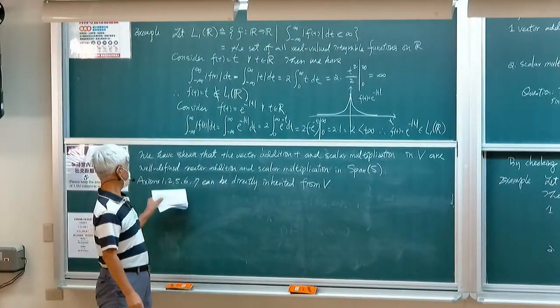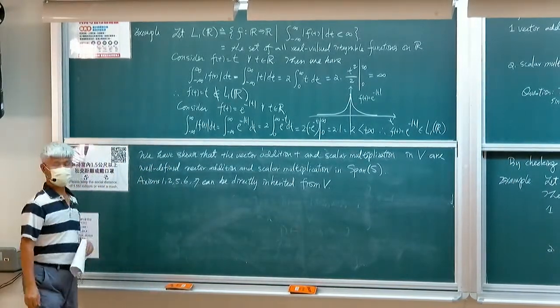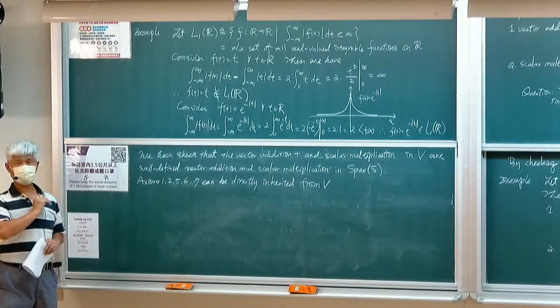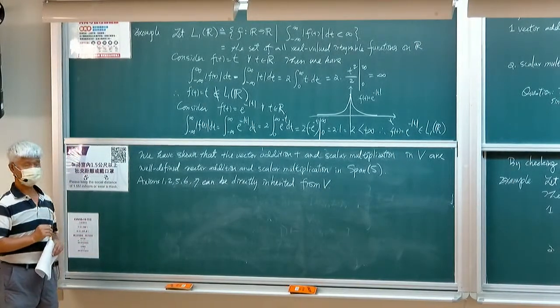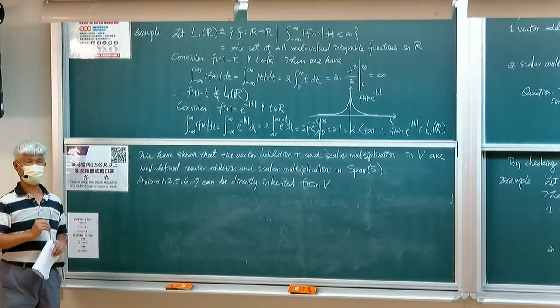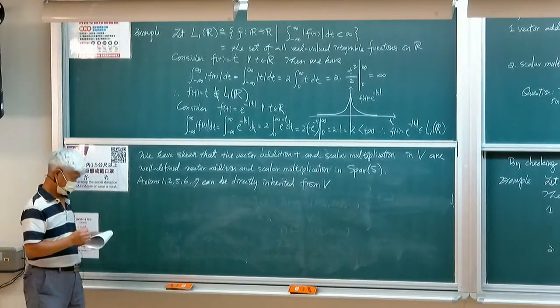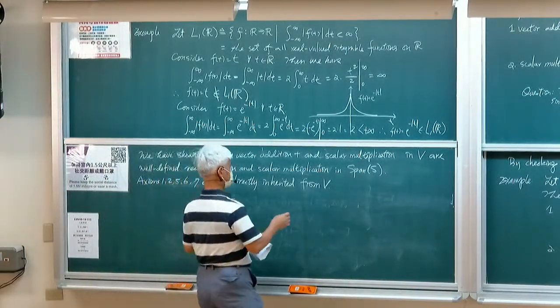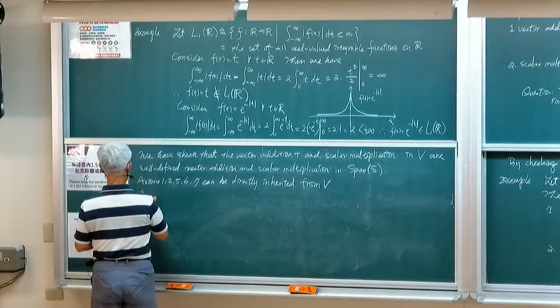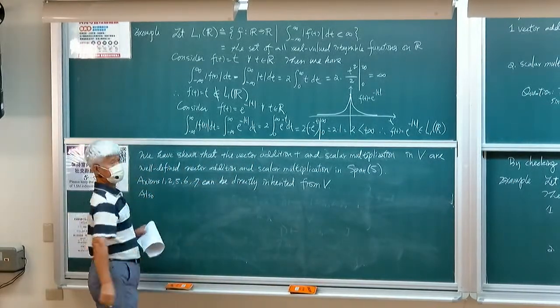So these 5 axioms can be directly inherited from the mother vector space V. Now, also, we have to check axiom 3 and axiom 4.